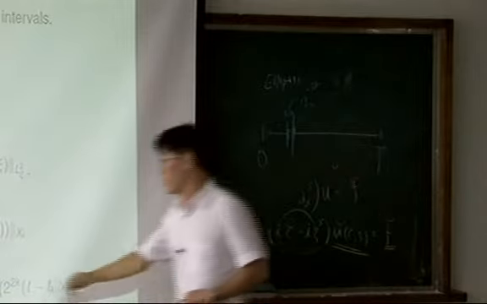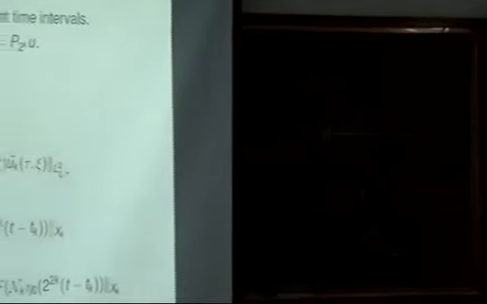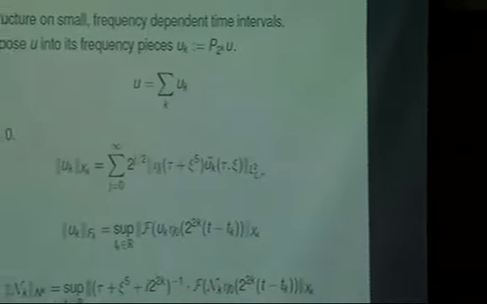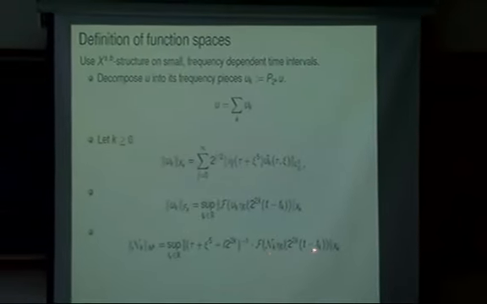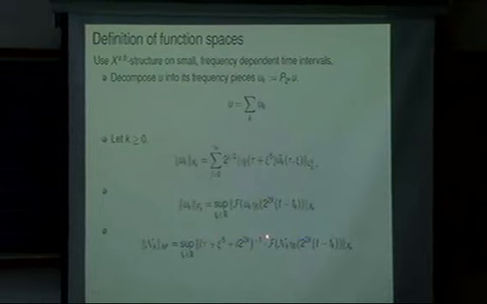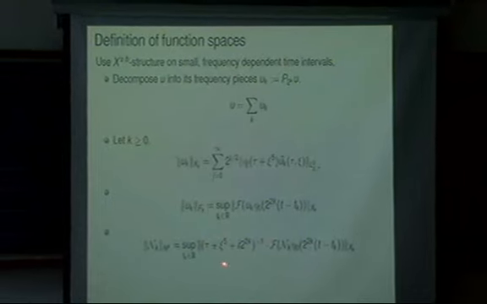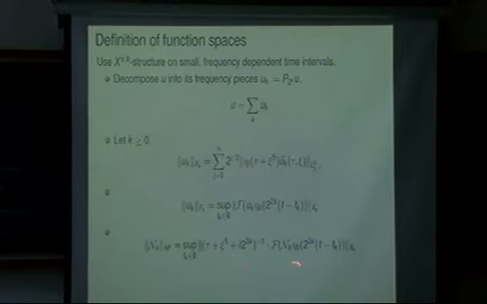Okay, and then in the same way the nonlinear space is also defined, with some sort of negative power, because the nonlinear factor has one less of this term. Okay? So this is actually the same reason.